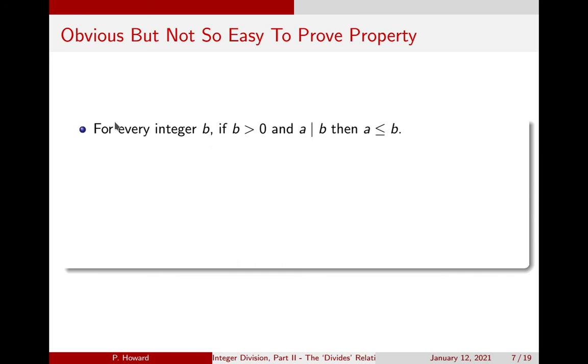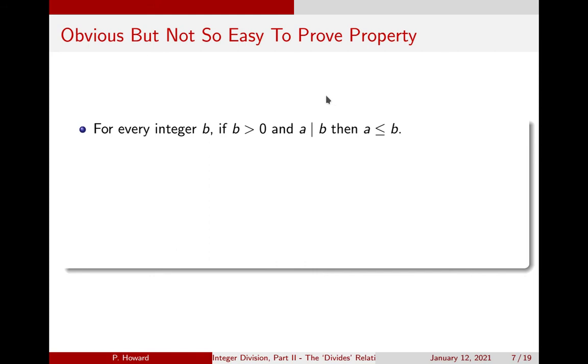Okay, now here is a property of the divides relation that I think is fairly obvious, but not so easy to prove. This says if you take a positive integer, b greater than 0, and you have another integer a which divides b, then a has to be less than or equal to b.